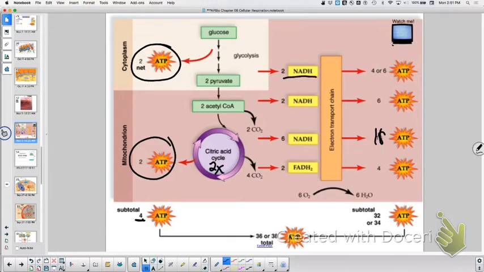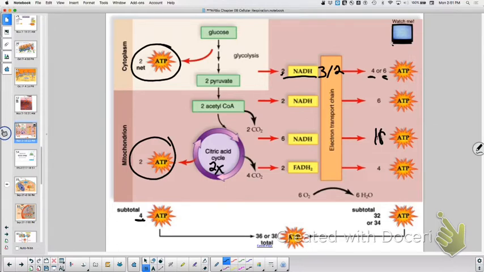If they go in at the top of the chain, they could get me 3 ATP because they would get the reductase, cytochrome oxidase. But if they go in partway through the chain, they're only going to get me 2. So it's 3 or 2. That's why we say 2 times 2 is 4, 2 times 3 is 6. Somewhere between 4 to 6 ATP when you cash in the NAD at the bank of the ETC.